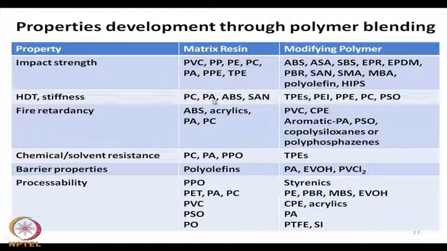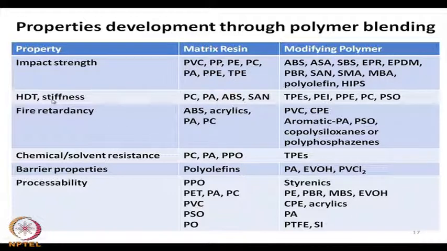The heat deflection temperature for a particular application means that the polymer should maintain its dimension at that elevated temperature. So, that heat deflection temperature of a polymer can be changed, improved or decreased by considering a blend of these matrix resins with these modifying polymers.